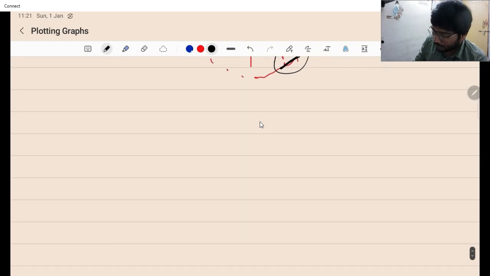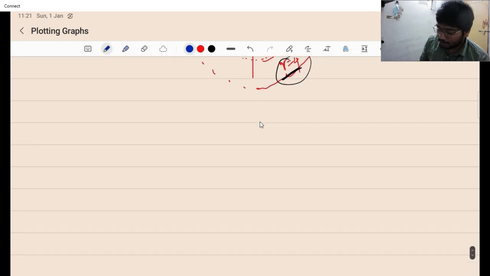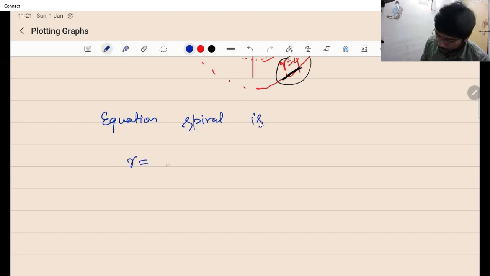So if you derive the equation by saying that the angle between the radial vector and the tangent is not exactly 90, you will find that the equation of the spiral is r equals r naught e to the power alpha times (phi minus phi naught).